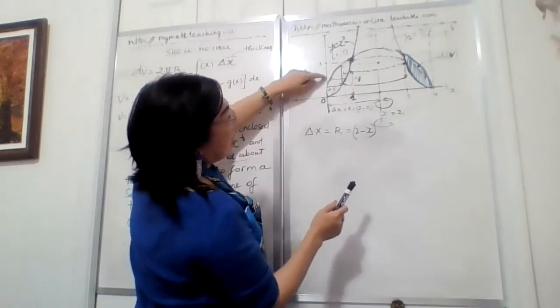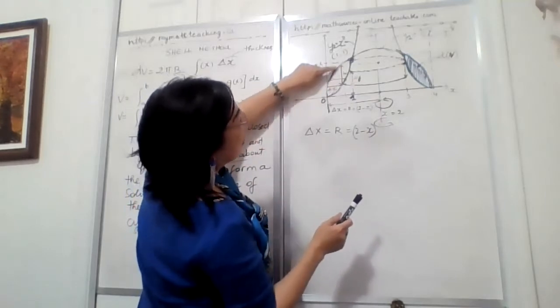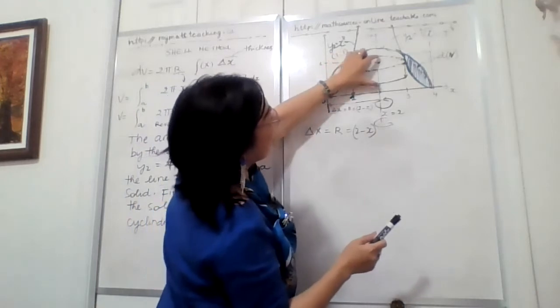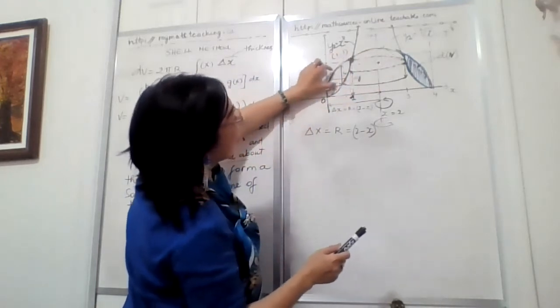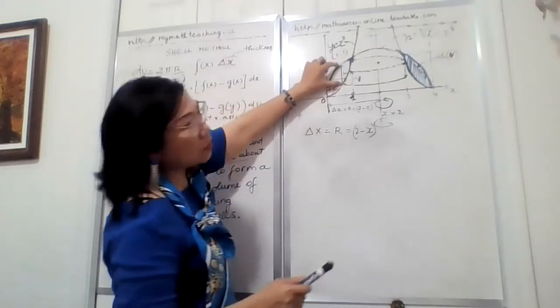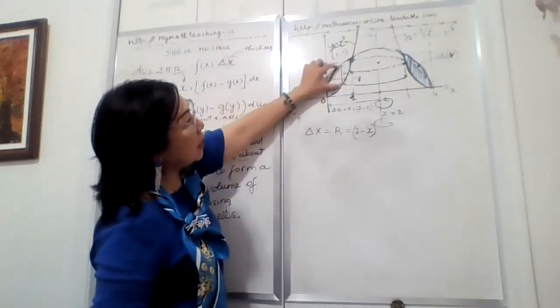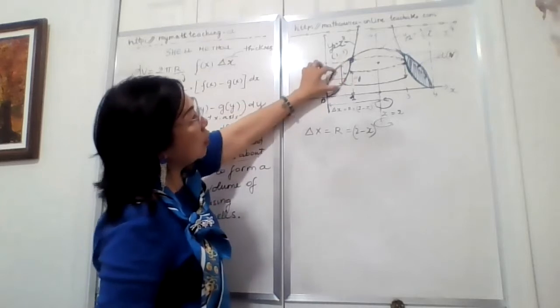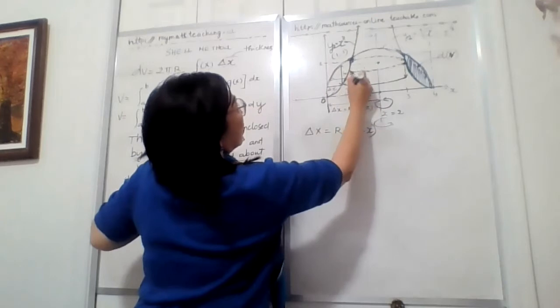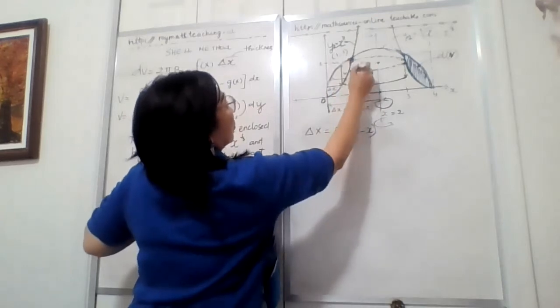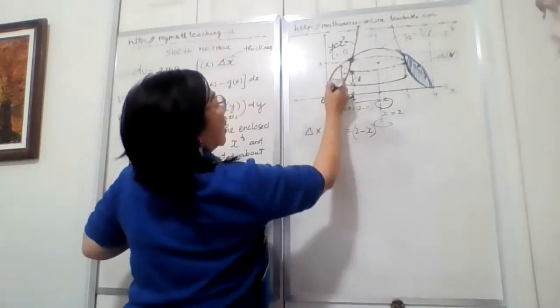Now, the radius of a cylinder is this. What about the height of the cylinder? The height of the cylinder, like this and like this and like this, is also shaped by the height of the region, by these two curves here. From here to here is this height, and from here to here is this height.